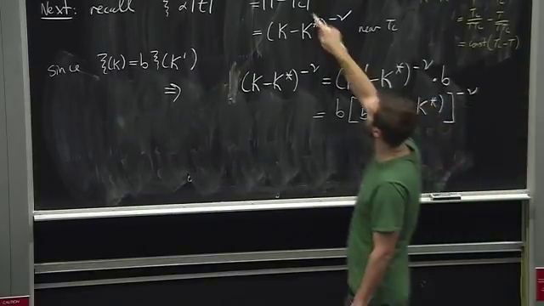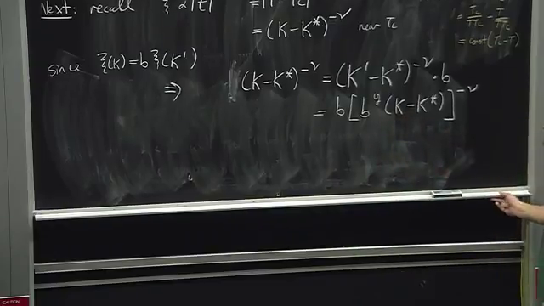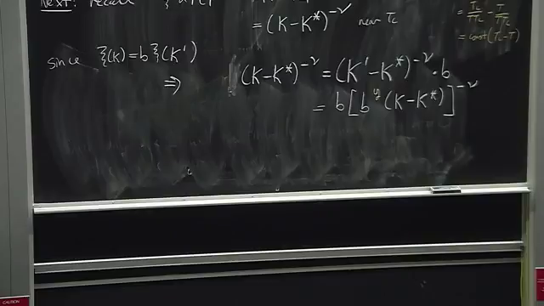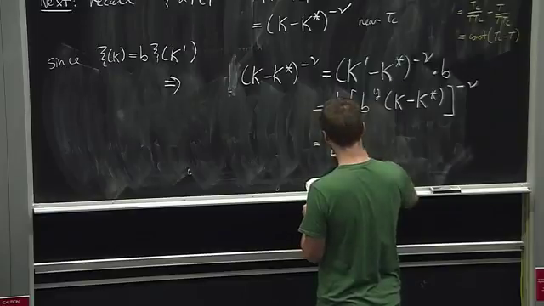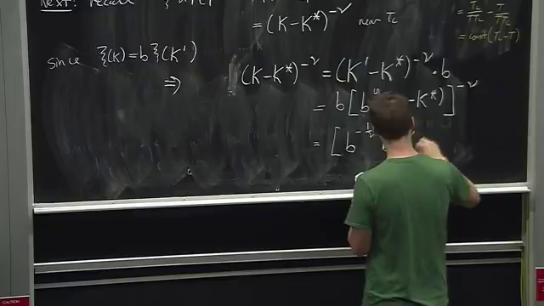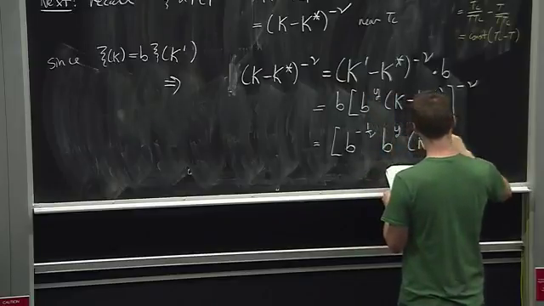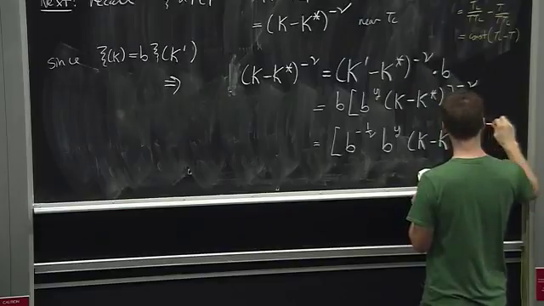That's just relating here to here. Okay, so if I bring b inside, b to the minus 1 over nu, times K minus K star, everything to the minus nu.